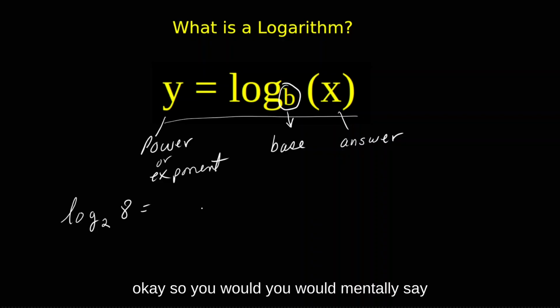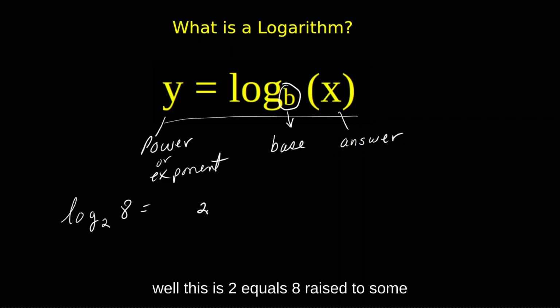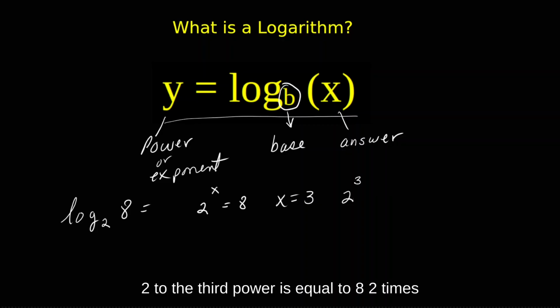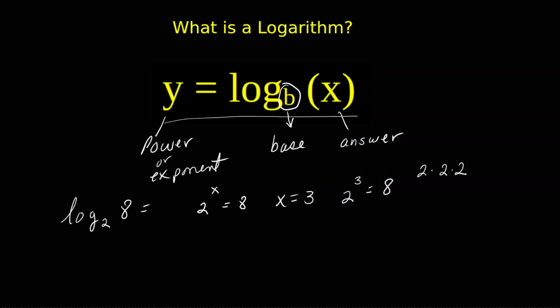So you would mentally say, well, this is 2 raised to some unknown power of x equals 8. So then we could say that 2 to the x equals 8, so therefore x would be equal to 3 because we know that 2 to the third power is equal to 8. 2 times 2 times 2.